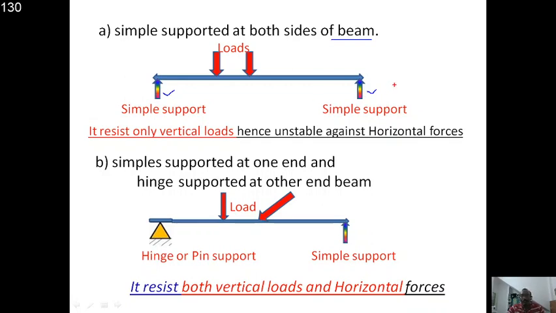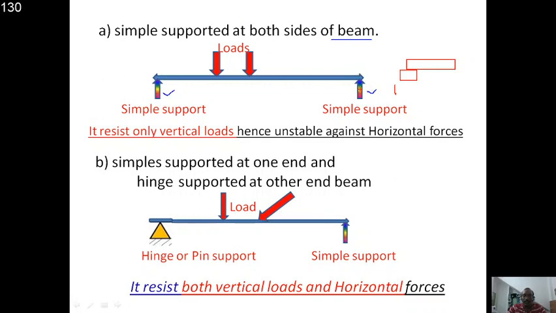So a simple support is just a simple arrangement without any connections. If it is your support, then the beam will be simply laid like this only. There is no fixing between these two parts, just simply laying, right? Okay, so this type of support is known as simple support.